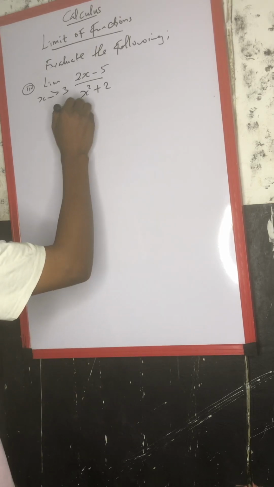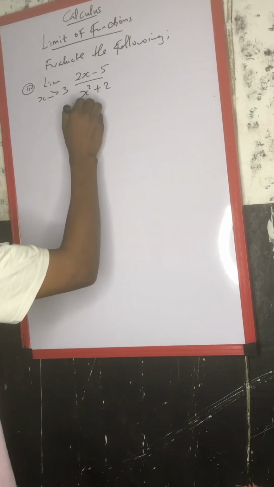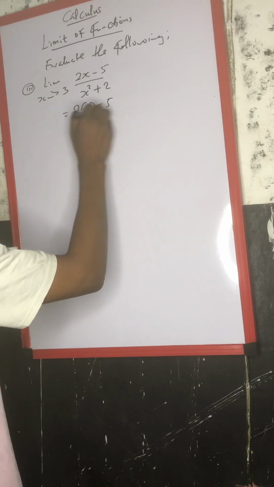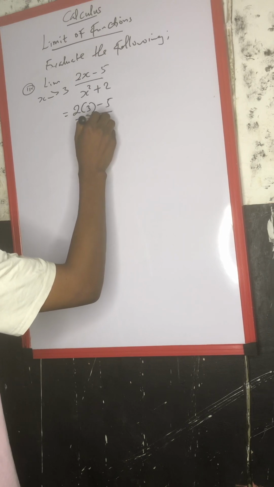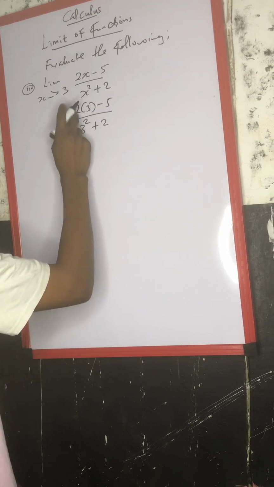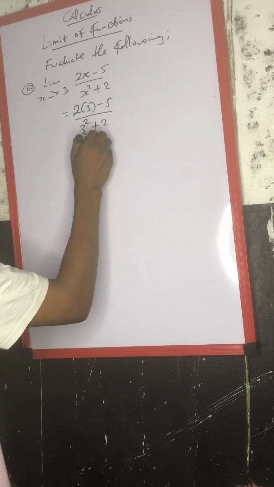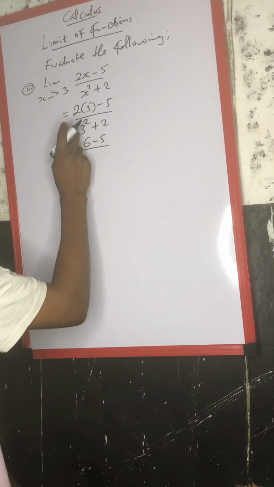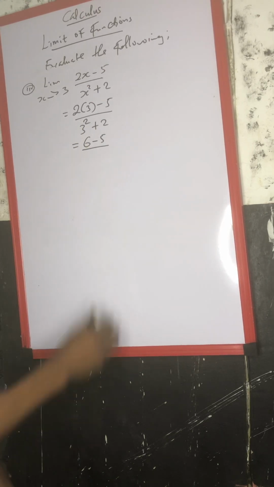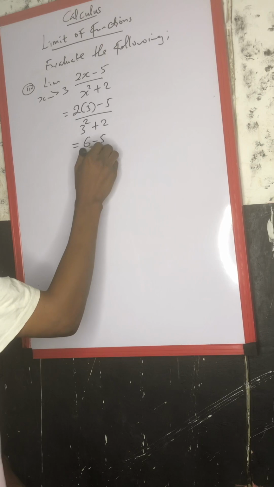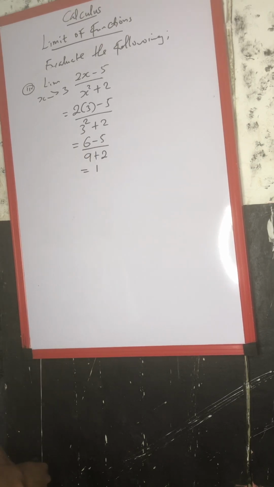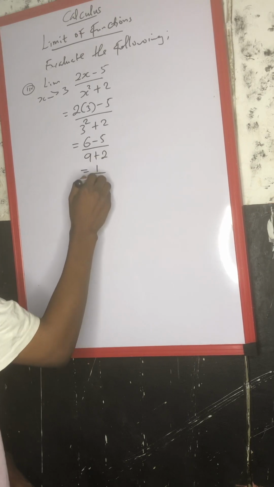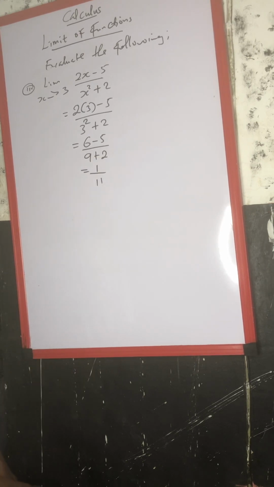So this is the same thing as 2 bracket 3, then minus 5, all over 3 squared, then plus 2. So 2 times 3 gives us 6 minus 5, all over 3 raised to power 2, which gives us 9, 9 plus 2. From there, 6 minus 5 will give us 1, then 9 plus 2 will give us 11.